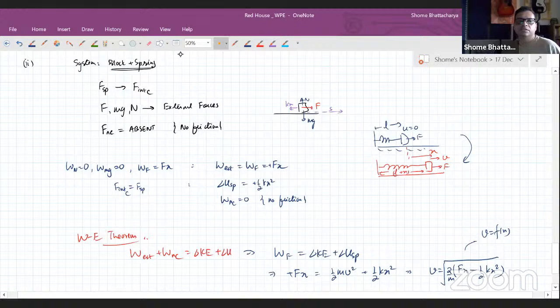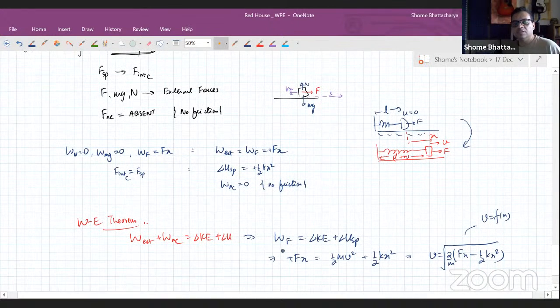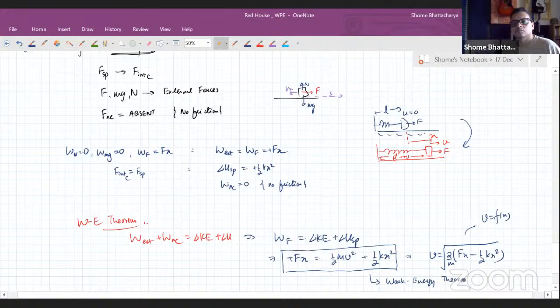And we can substitute the different values of x here and find out the speed of the block. So this is the main thing over here. This is the application of the work energy theorem applied to this particular system that we have talked about earlier.